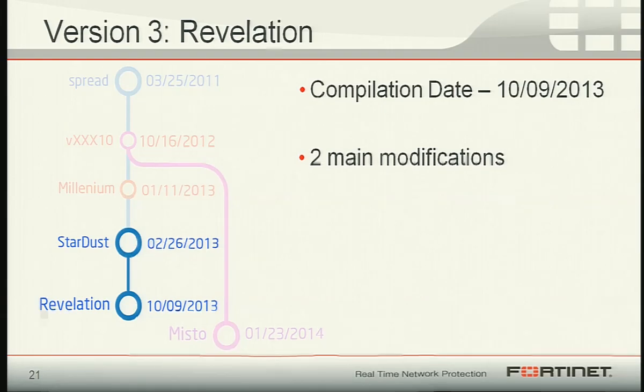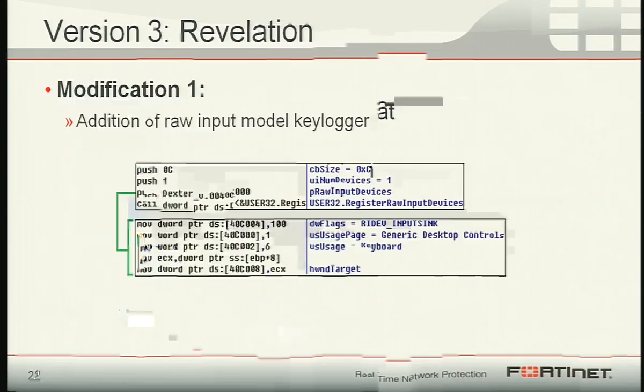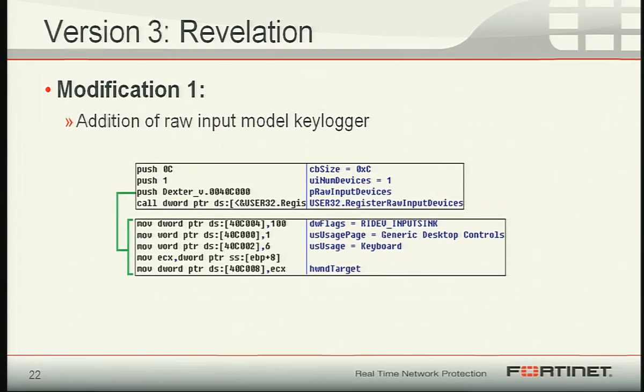The next version is Revelation, with a compilation date of October 2013. This version has 2 main modifications we'll be discussing now. So the first modification is that, like I mentioned earlier, Stardust has a keylogger that follows the original input model. For Revelation, there's a second keylogger that has been added that follows the raw input model.